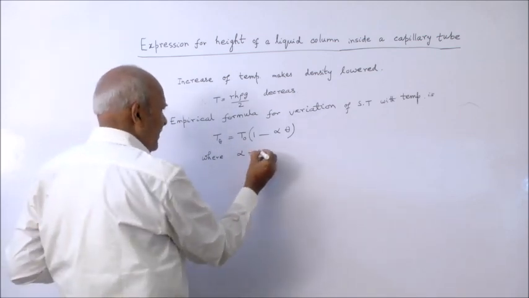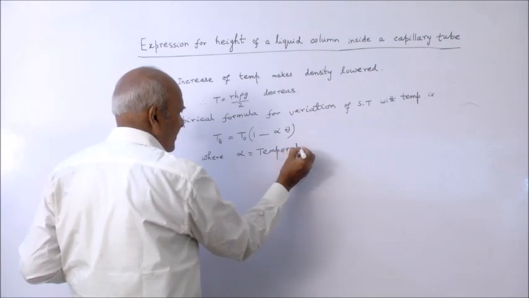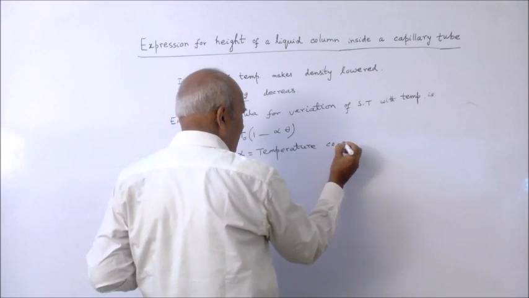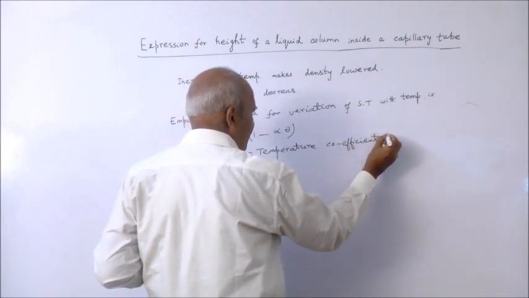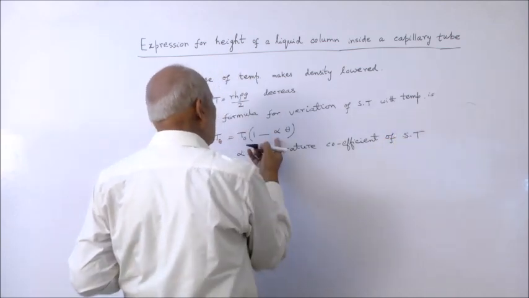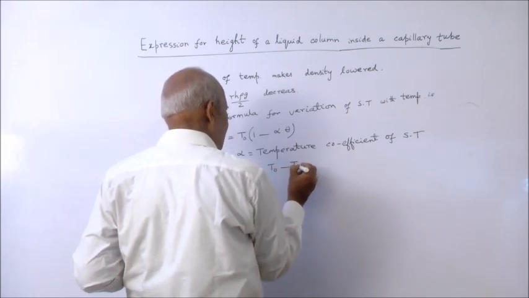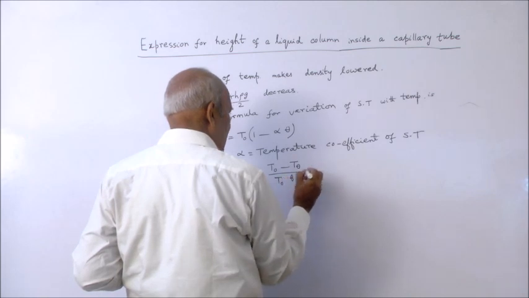temperature coefficient of surface tension. Suppose you want to find it, then it will be T0 minus T theta divided by T0 theta.